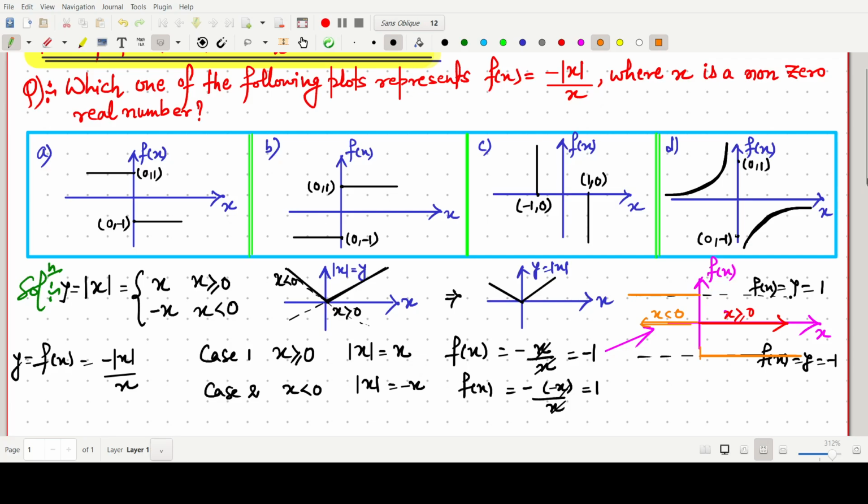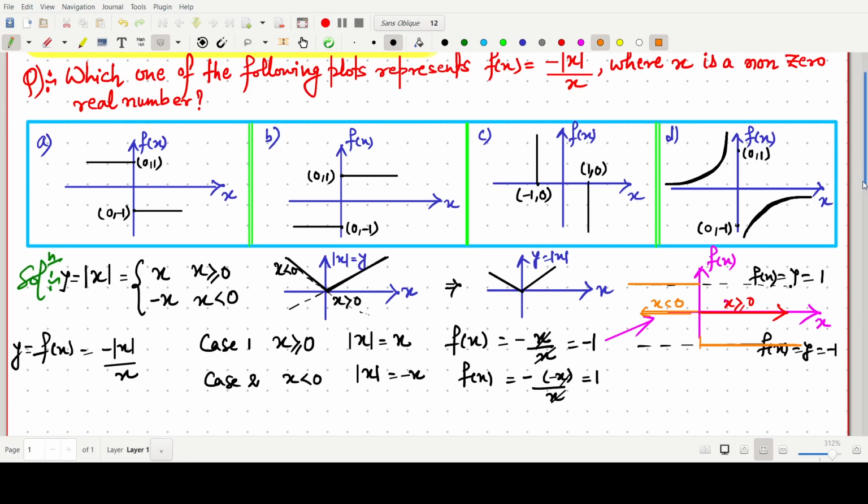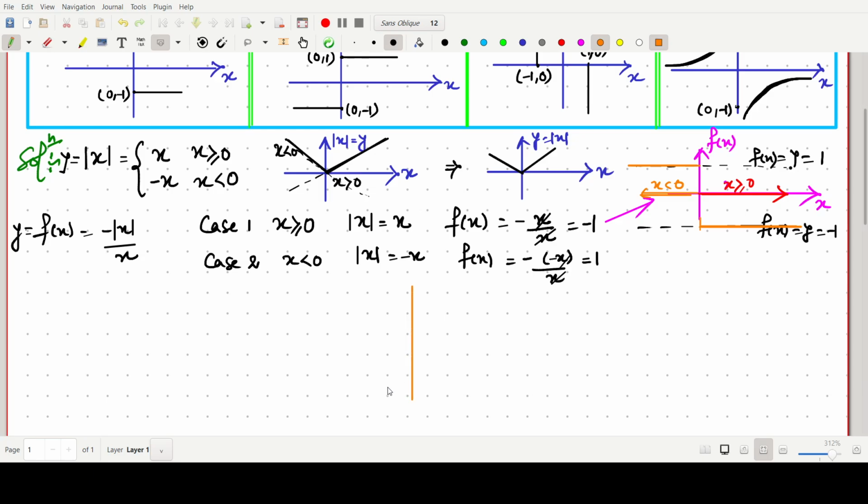So the overall graph, with y or f(x) on the vertical axis and x on the horizontal axis, has the value 1 for negative x and minus 1 for positive x. So this one is the correct answer.